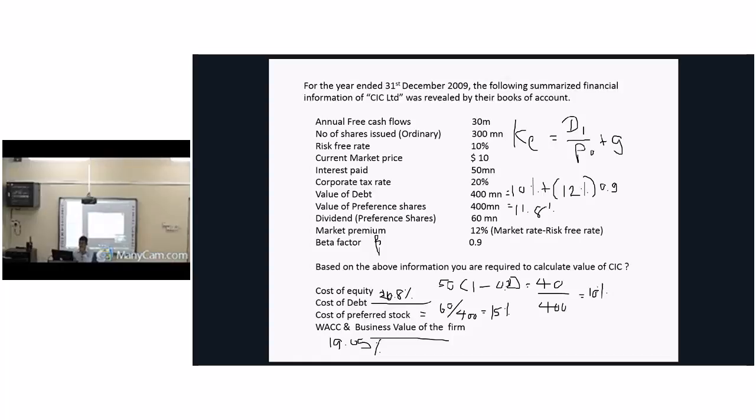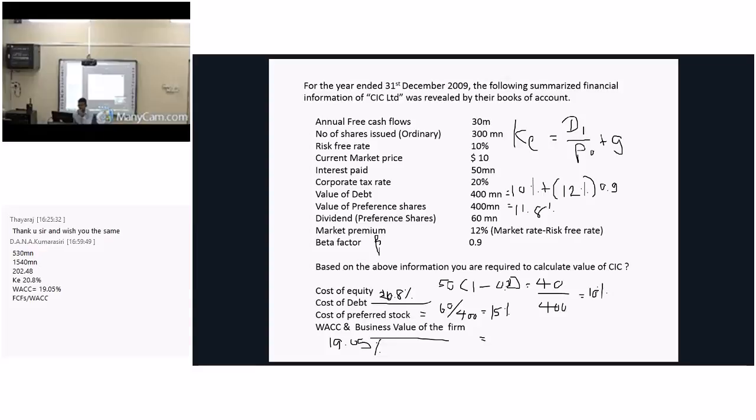If you remember, even when we did the dividend growth model, we learned that if you have free cash flows or dividends for the future, we take the annuity formula. What we did was take the free cash flows or fixed dividend. Here the cash flow is given as 30 million and we divided by what? The cost of capital, right?